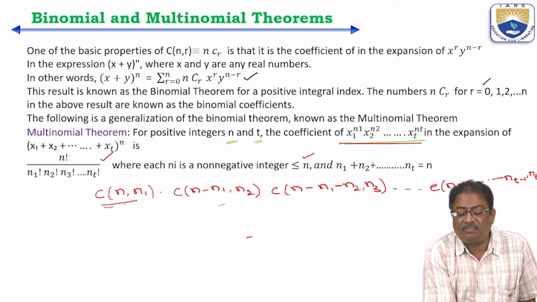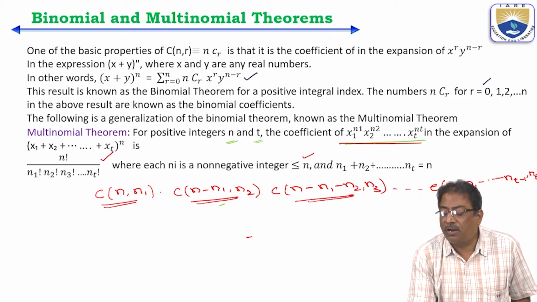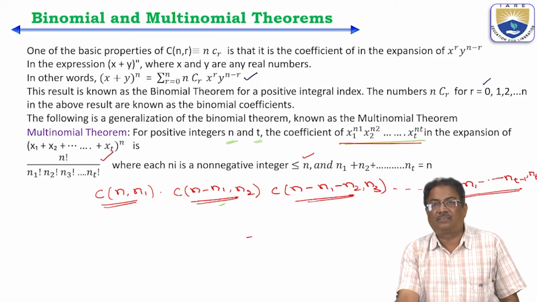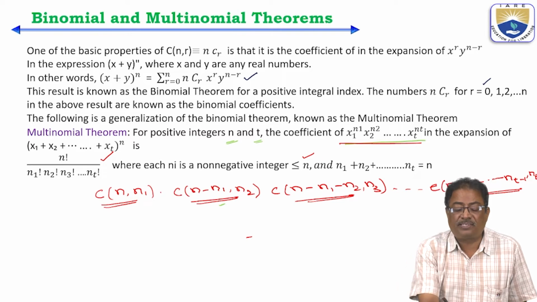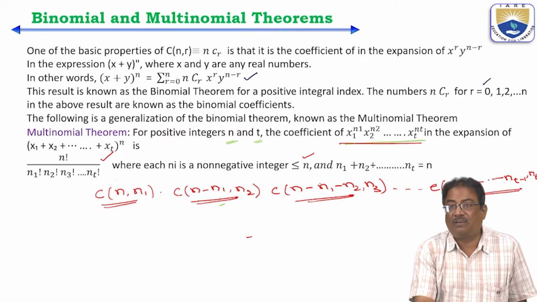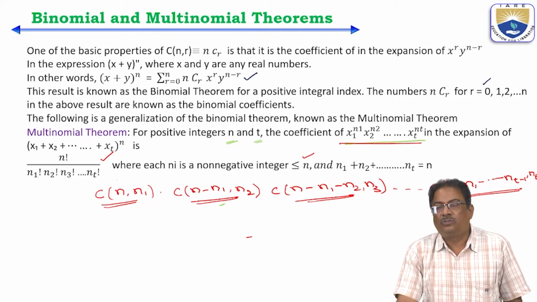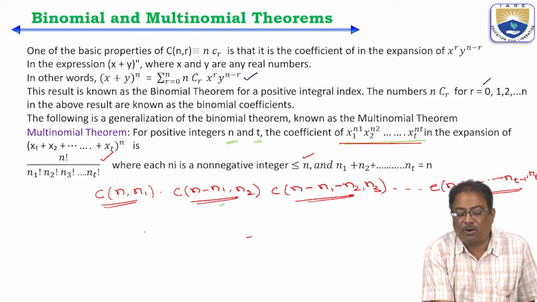This is the first task, the second task, the third task, and so on, up to the t minus 1 task. So we apply the product rule, one task after the other.